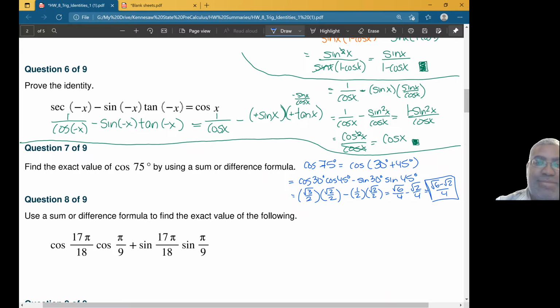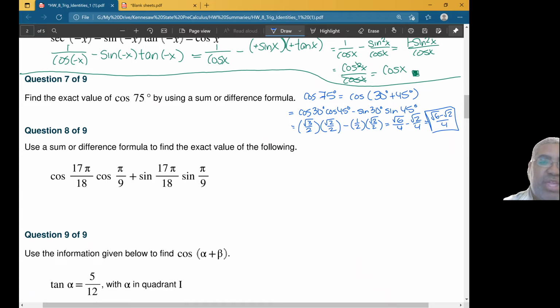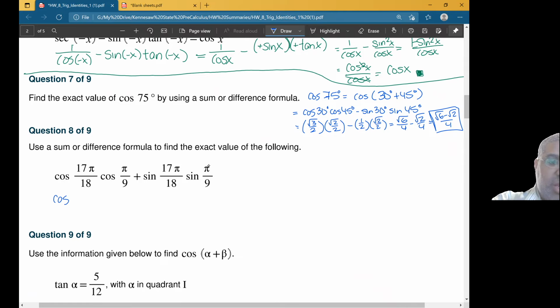Use a sum or difference formula to find the exact value of the following. Here we have cosine something, cosine x cosine y, plus sine x sine y. Look at your formula sheet, and you see that this pattern is formed by cosine of x minus y, because the minus there becomes plus here.